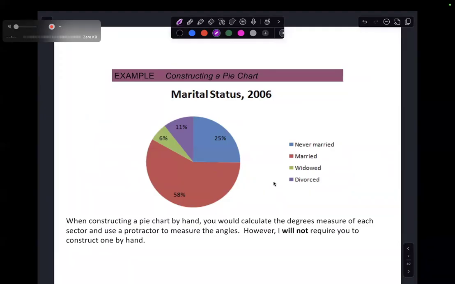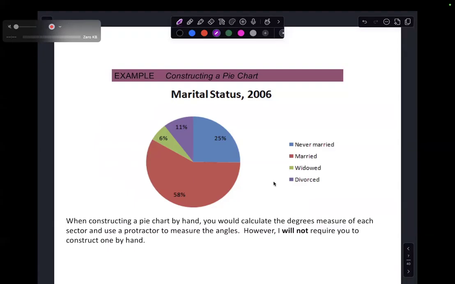If we did this by hand, you would calculate the degrees of each sector. So I would take 58% of 360 degrees and figure out what that number is. And I would use a protractor to measure what the angle is, and then I would draw it in. Thankfully Excel does this for us, and it's going to do things much prettier than I'm going to do them.